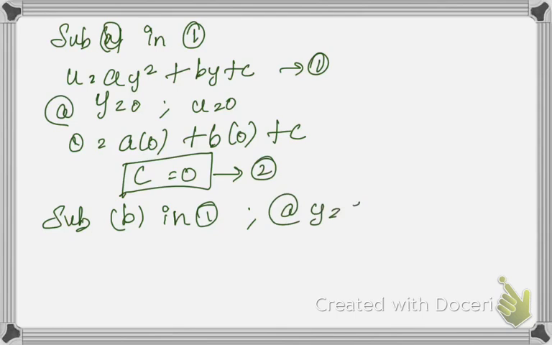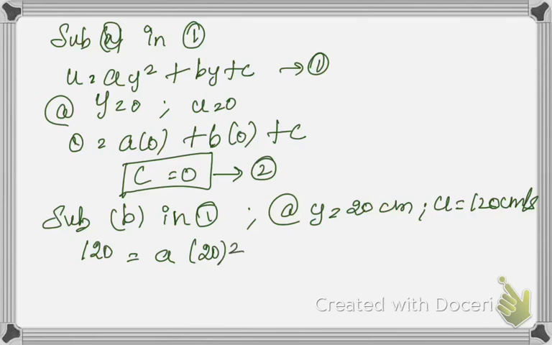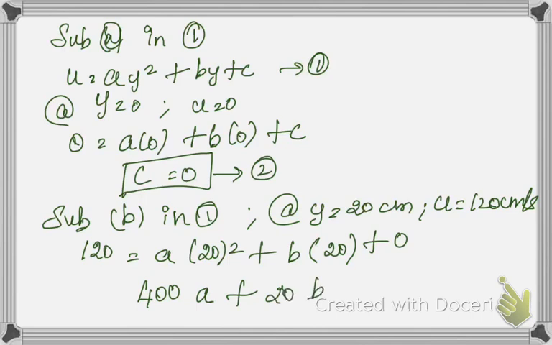At y is equal to 20 centimeter, u will be equal to 120 centimeter per second. So instead of u I am substituting 120, a into 20 square plus b into 20, and already c is 0. So this is going to be 400 a plus 20 b is equal to 120. Keep this as the third equation.